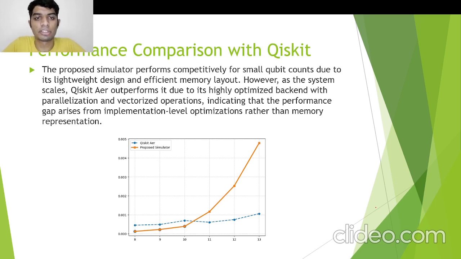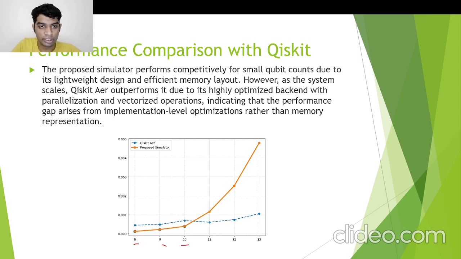Performance comparison with Qiskit. Qiskit is a widely known quantum simulator, and my proposed simulator performs competitively for smaller qubit counts, such as 8, 9, 10 qubits. My simulator takes less time than Qiskit due to its lightweight design and efficient memory layout.